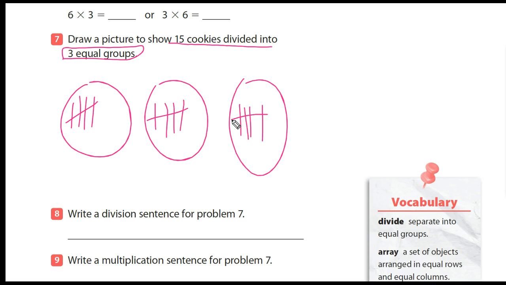Okay. Number 8 says, though, write a division sentence for problem number 7. Oh, okay. So, what did I start off with? Why 15? Because that's my total. That is correct.